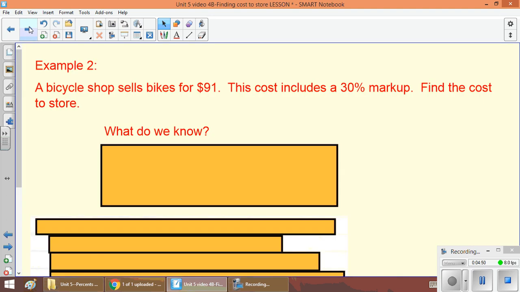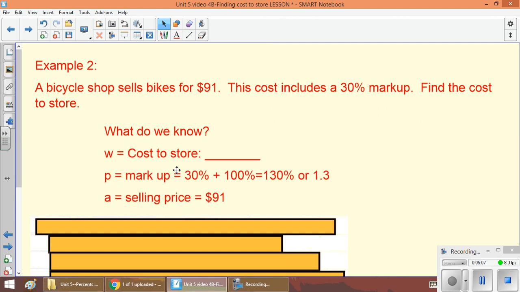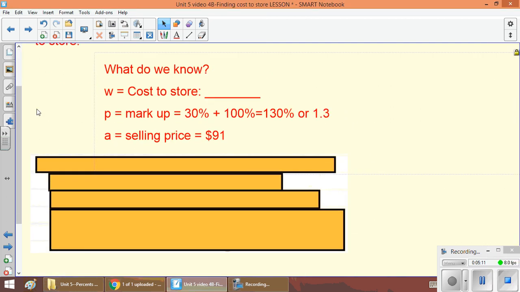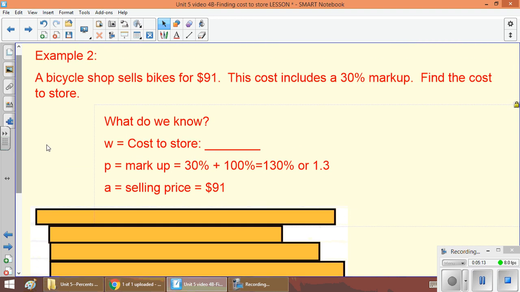Here's example 2 of 3. A bicycle shop sells bikes for $91. This $91 includes a 30% markup. Find the cost to the store. So let's think about this. What do we know? We're trying to find the original whole number, which is the cost to the store.